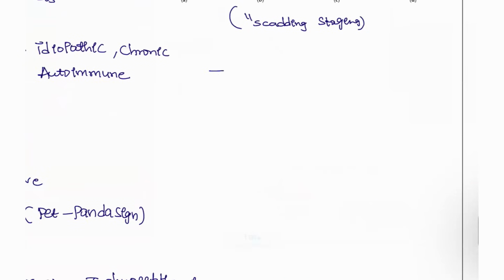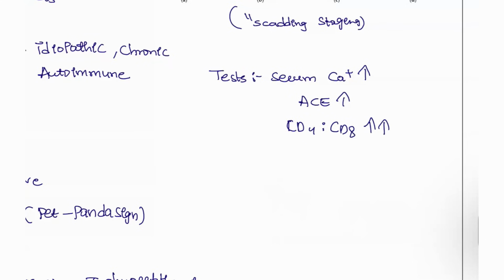Coming to the tests, serum calcium will be elevated. ACE levels will be elevated. CD4 to CD8 ratio will be elevated. So this is classically seen in only one condition, that is sarcoidosis. Next, coming to the treatment, steroids and immunosuppressants.